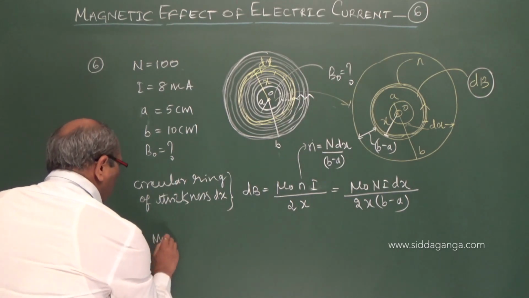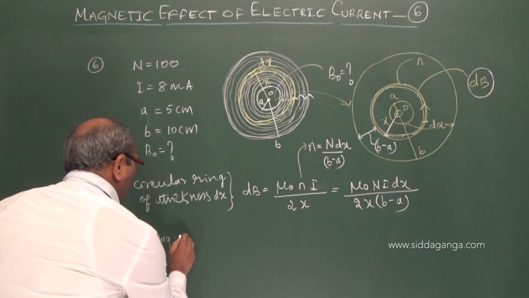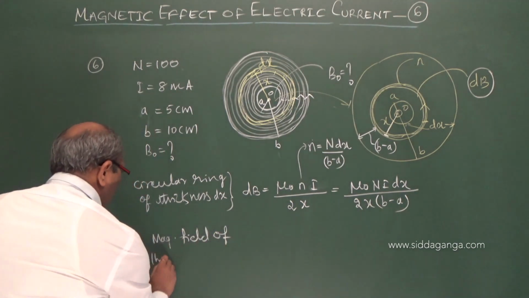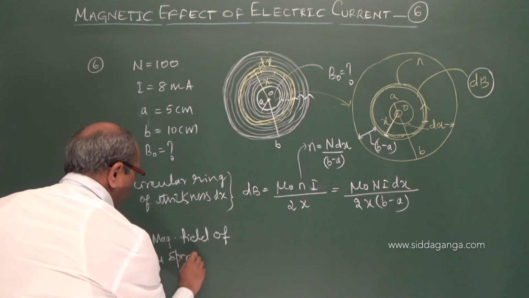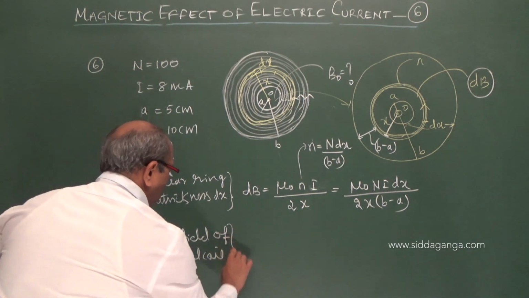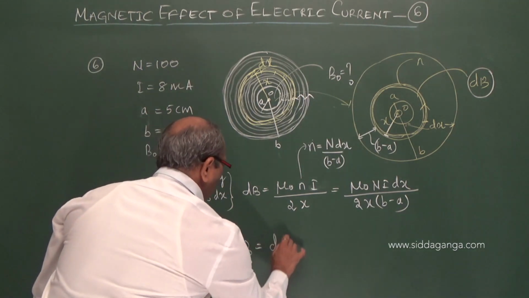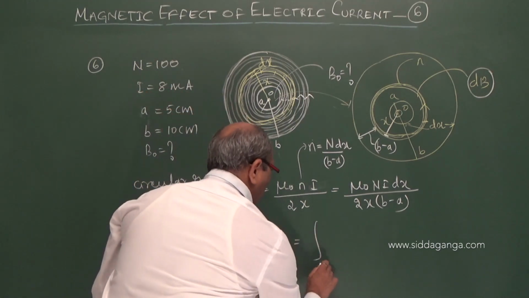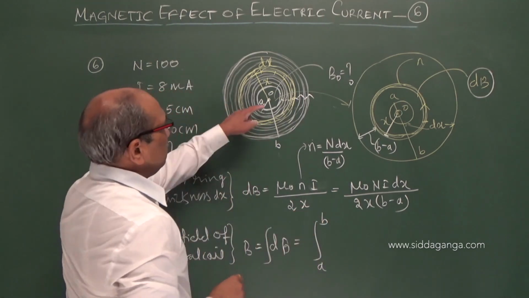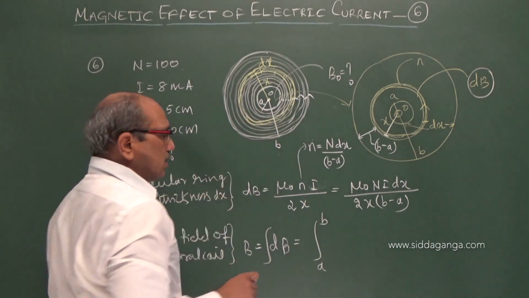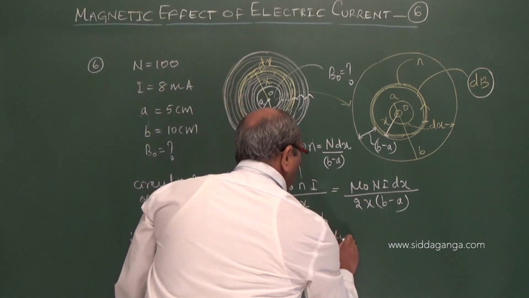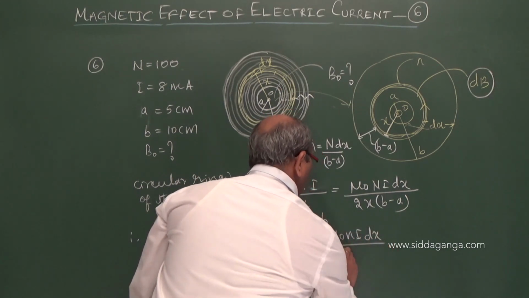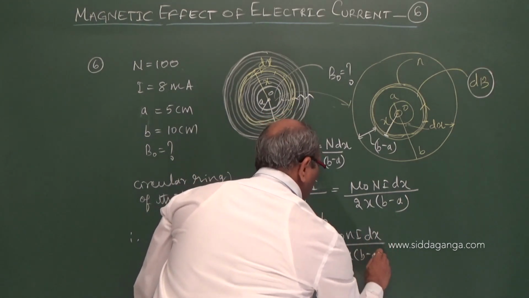Therefore, the magnetic field of the spiral coil, B, is nothing but the integration of dB. That is integration from a to b, minimum is a, maximum is b, of mu naught n i dx divided by 2x into b minus a.